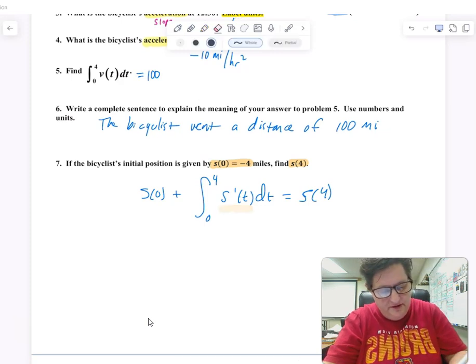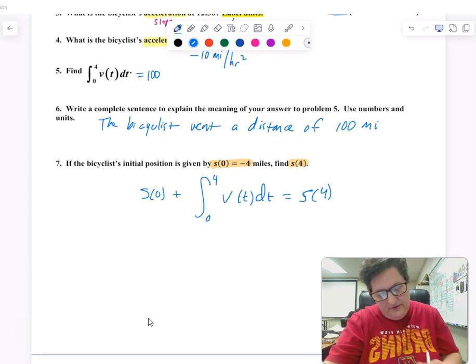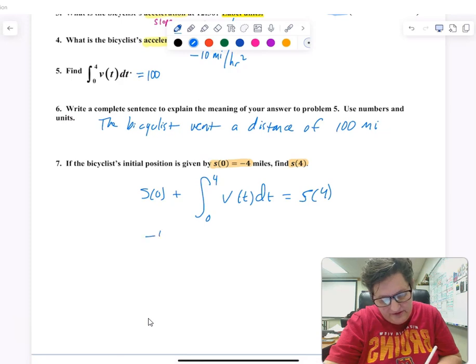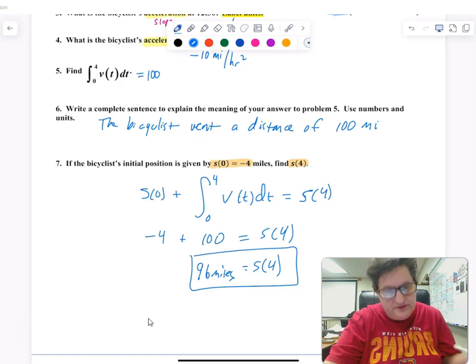It's just velocity. So you can actually just think about this as velocity. And we just found that. So if his initial distance was -4 and we just went 0 to 4, which is 100, at 4 p.m. he's 96 miles from his starting point. That would be like his position.